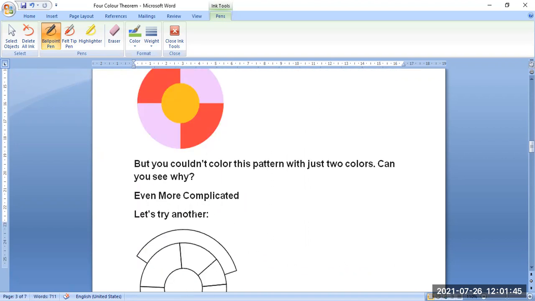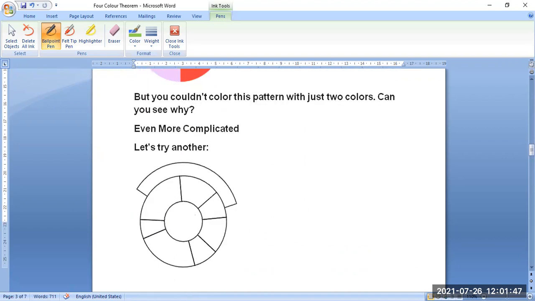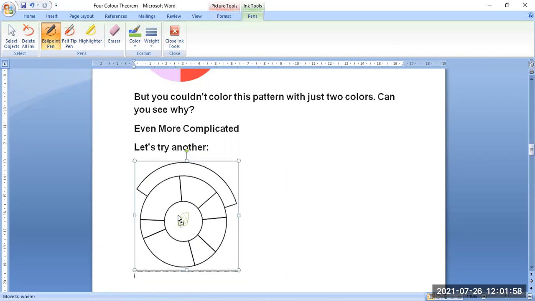Now again, even if this is the color, if we are putting this one green, tell me how many colors are required here?